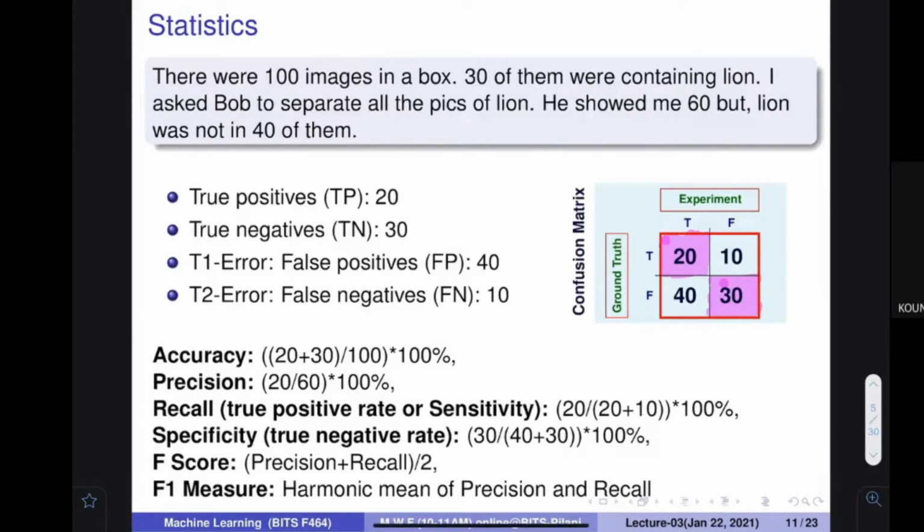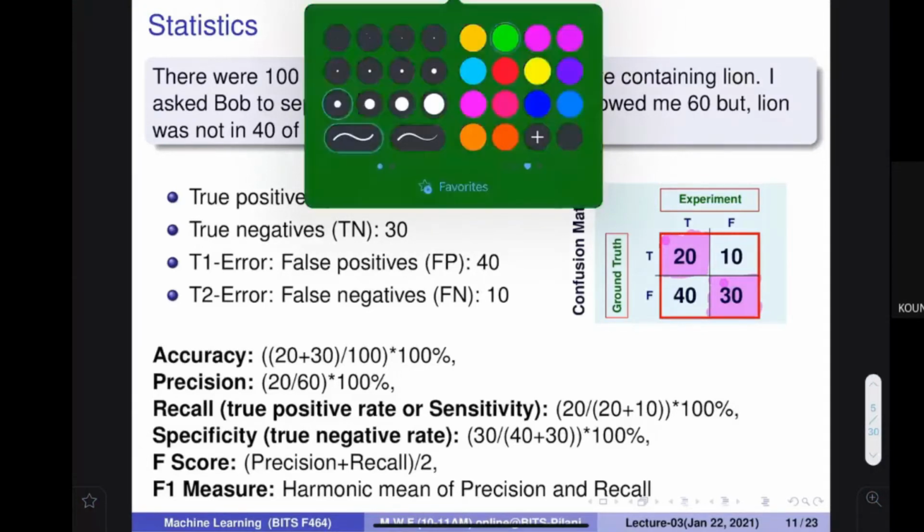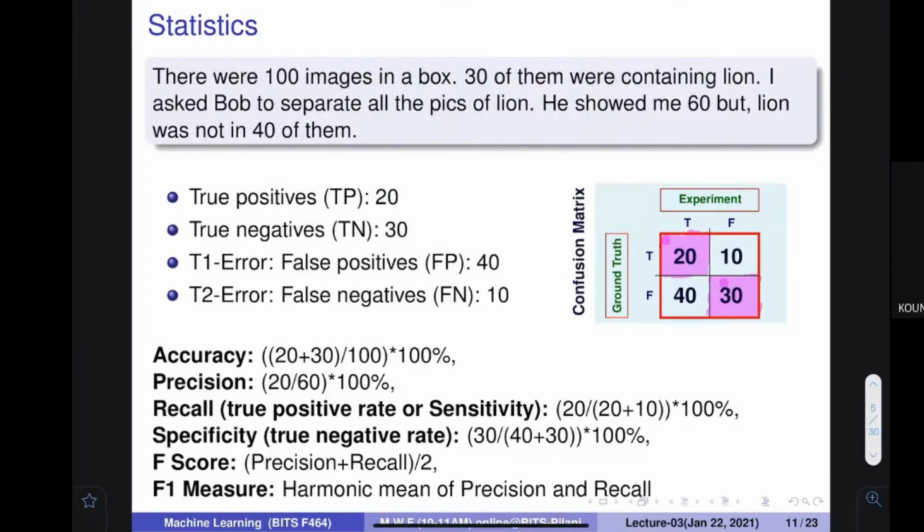So here also my system is correct. Where does my system have a problem? My system has a problem with this. Okay, he is telling false, my system is telling false, but there is a line. This is another kind of problem where my system is telling true, but actually there is no line in that.